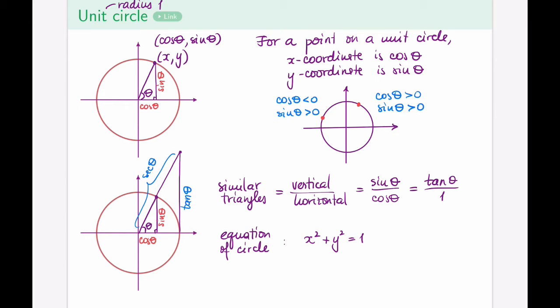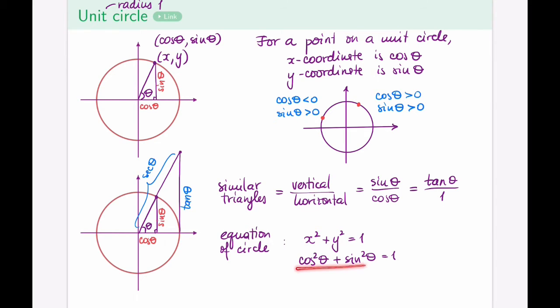Now remember that the x-coordinate is cosine, so I can replace the x with a cosine, and the y-coordinate is sine, so I can replace the y-coordinate with sine. And this will give me the familiar, what we call basic trigonometric identity. Again, coming straight from the unit circle.